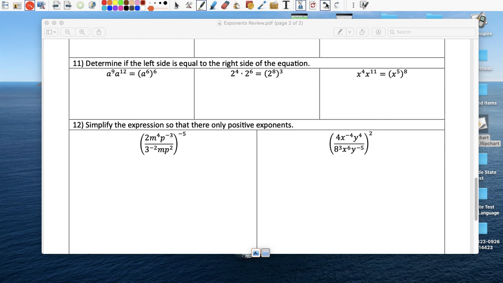No, that's simple. 16 over 8 to the 6th, sorry. 16 over 8 raised to the 6th power. Press simplify. I get the domain error, I don't know why.